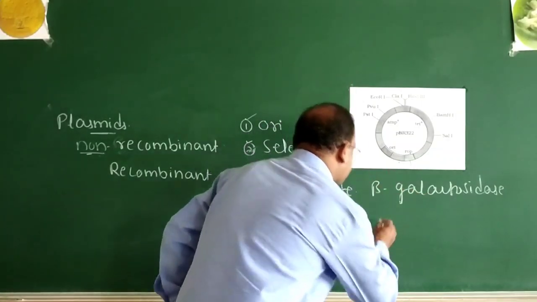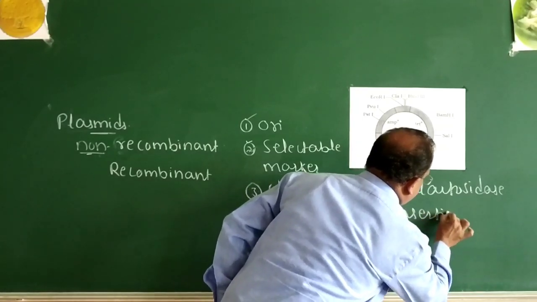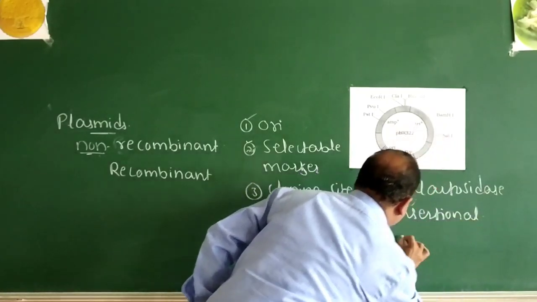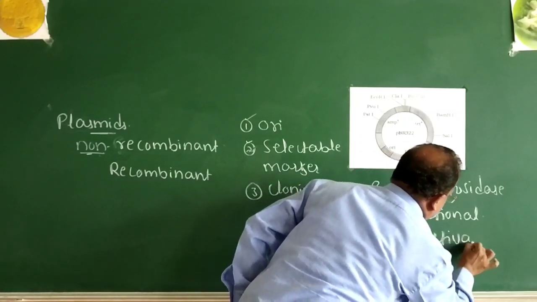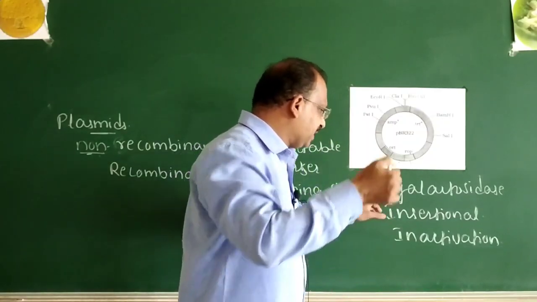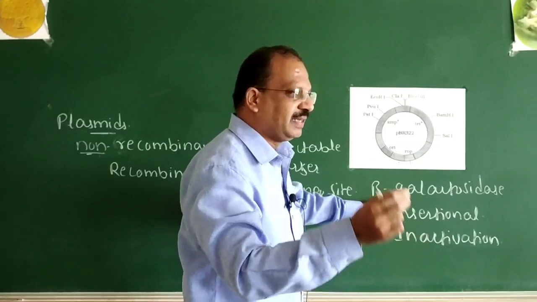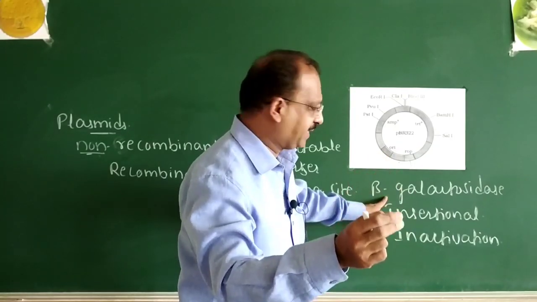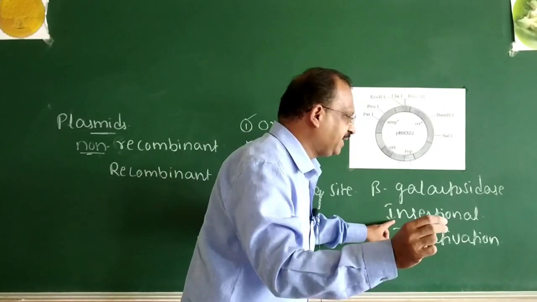This is called insertional inactivation. When the recombinant DNA is linked to beta galactosidase, the enzyme will lose activity. This process is called insertional inactivation.